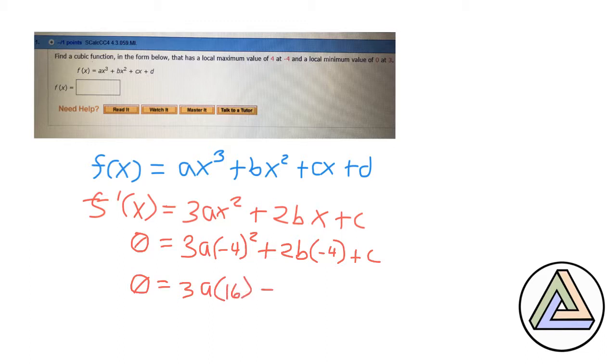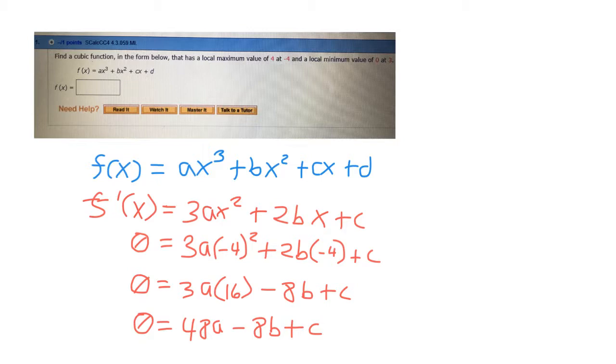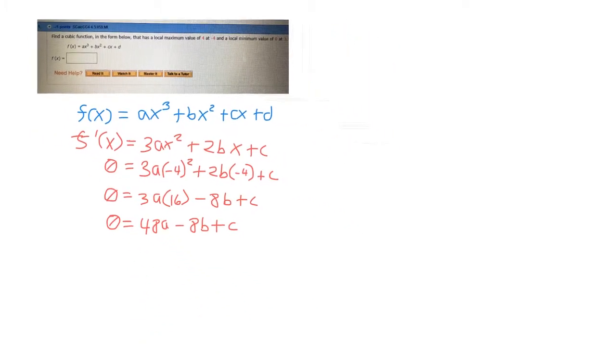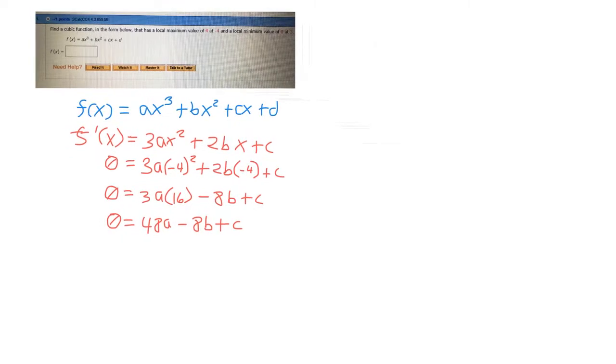Let's just get this over with. We're going to call this -8b plus c. And this becomes 0 equals 48a minus 8b plus c. Now, I can already foresee the usefulness of solving for c right now, because at the end of the day, we're going to want to solve for c, b, a, and d.